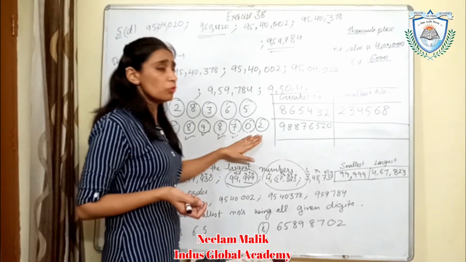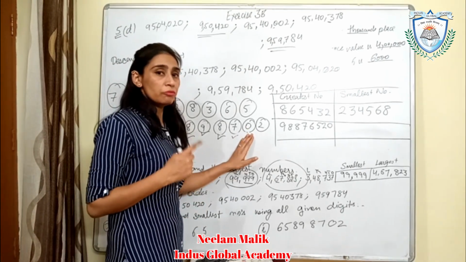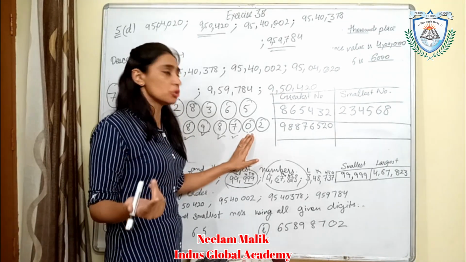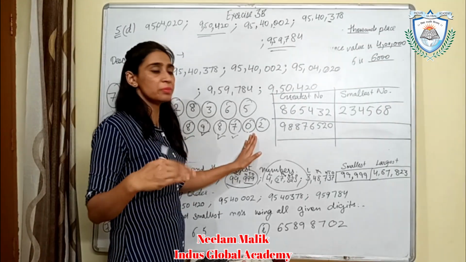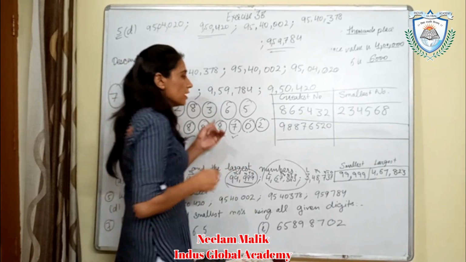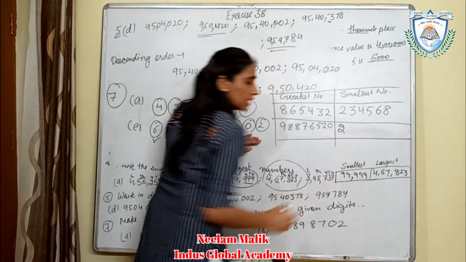So what we will do, we will take the next digit after 0. So what is next? Which is bigger than 0? That is 2. So at the first place we will put that digit.